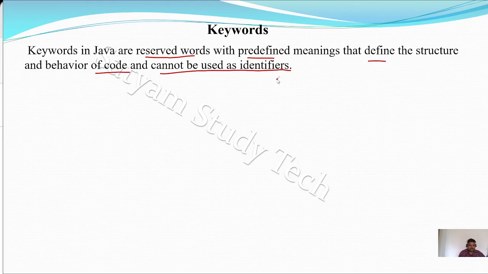So what are the keywords? For example, data types. Already we had discussed primitive data types.